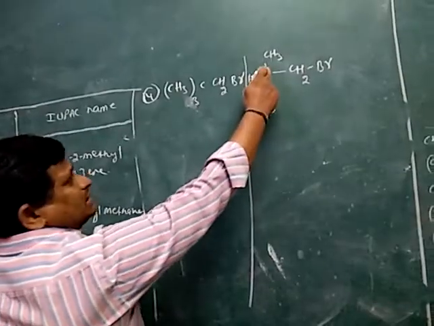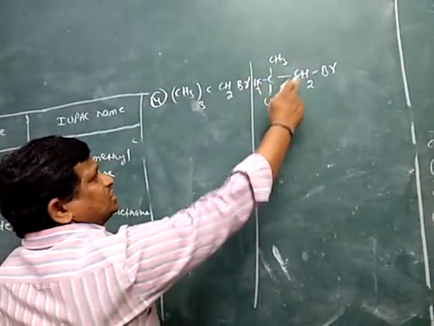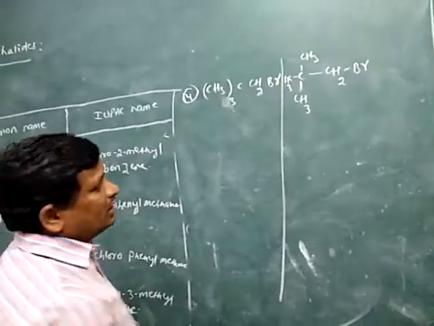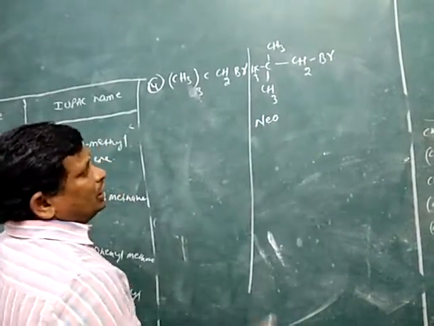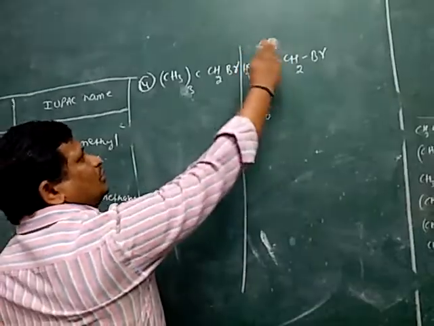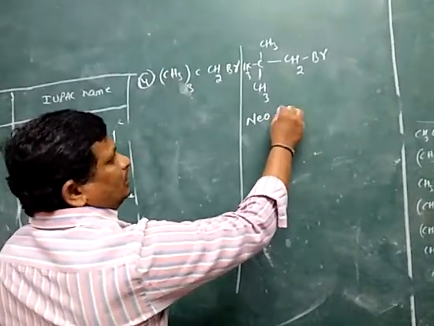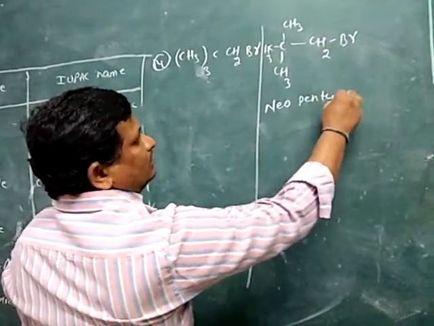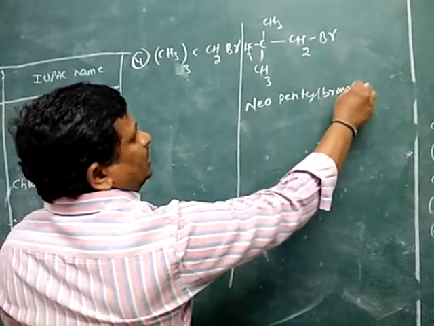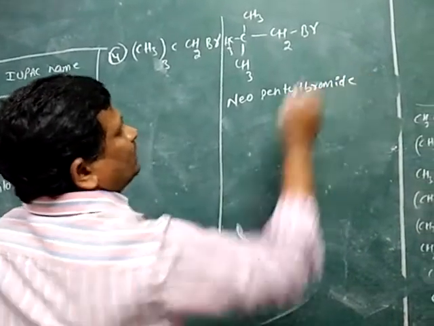This carbon is primary, secondary, tertiary and quaternary carbon. So the common name of the compound is neopentyl bromide.